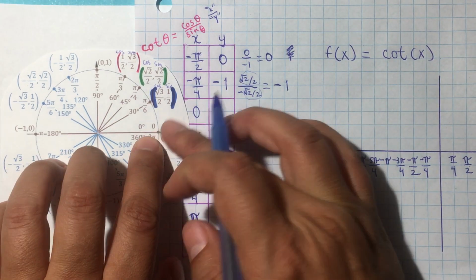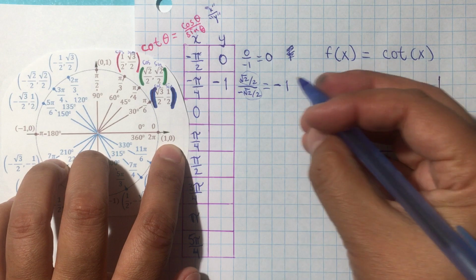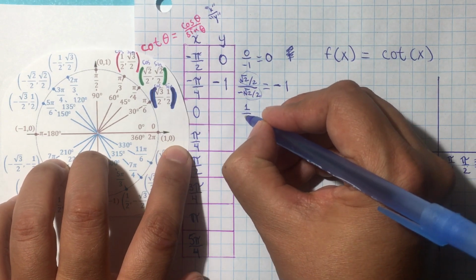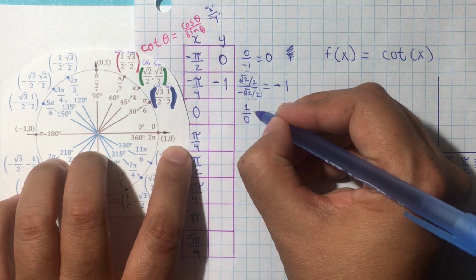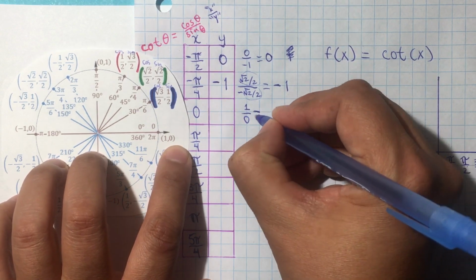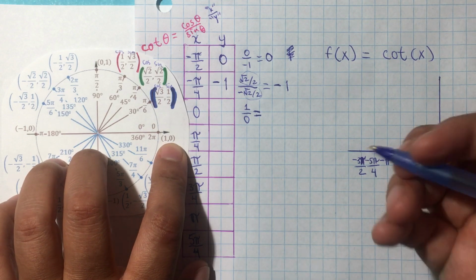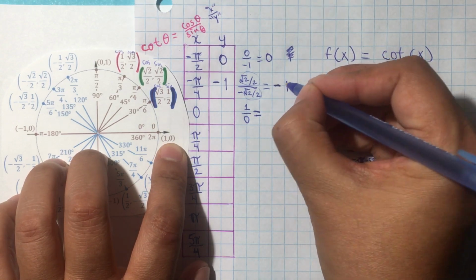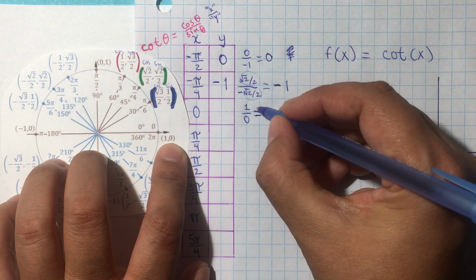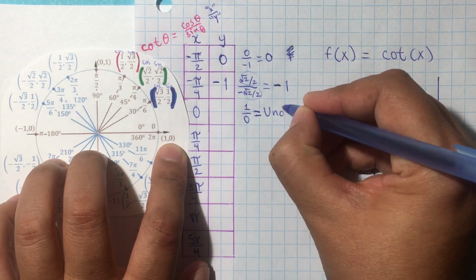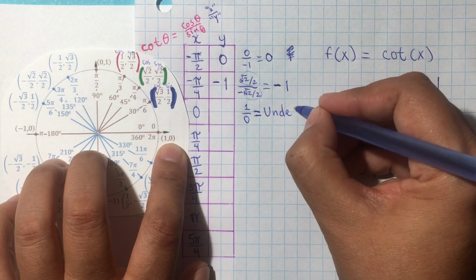For 0, it's 1 divided by 0. The x value divided by the y value, cosine divided by sine. The more we say it, cosine, sine, it'll help a lot to memorize it. And when you're doing a test, this is going to be super easy. 1 divided by 0, we cannot divide by 0. It's undefined.